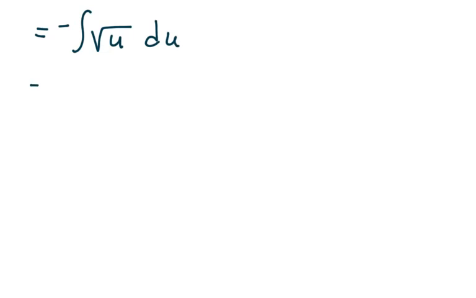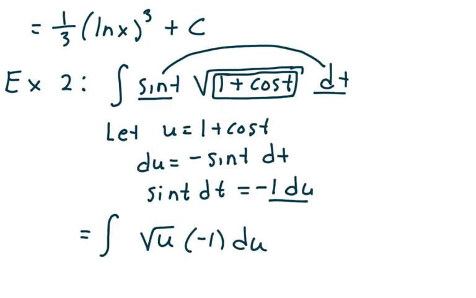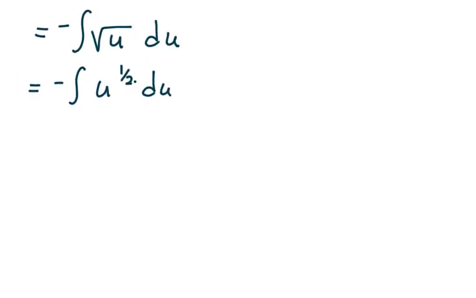I'm going to rewrite square root of u as u to the 1/2. Can we agree that that's a much simpler integral than what we had originally? You know what I mean? So here, this is negative 2/3 u to the 3/2 plus c.